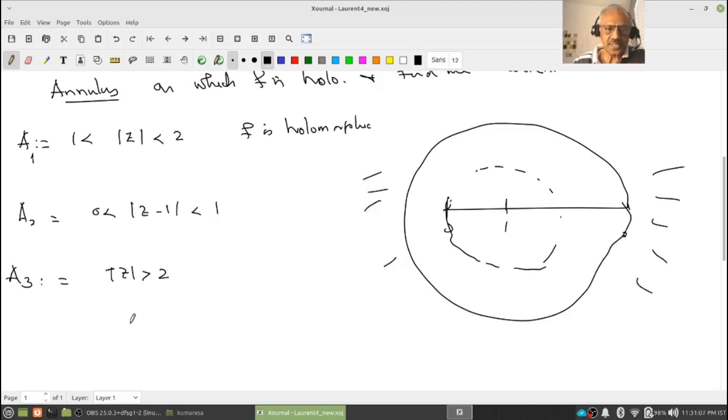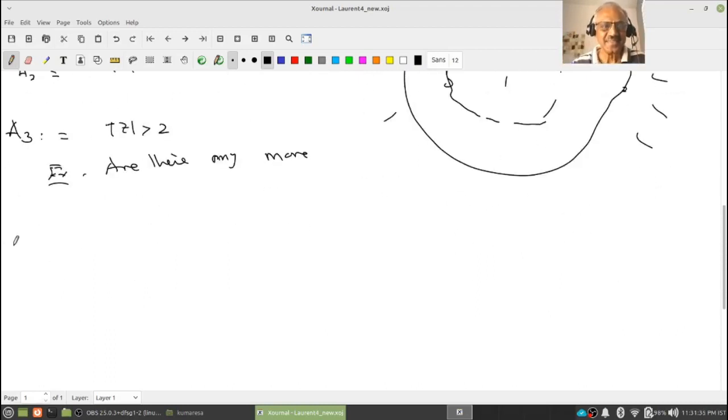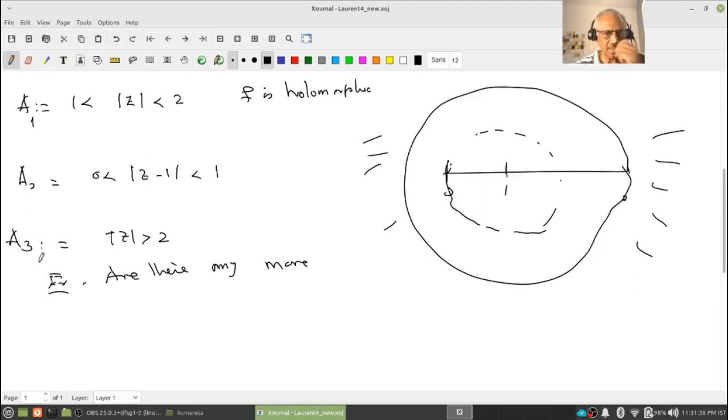Exercise: check whether there are any more annuli. Notice you can also say 1.5 less than mod z less than 1 3/4, etc., but you don't call that a new annulus. In some sense, the annulus should be the maximum possible on which the function is holomorphic.